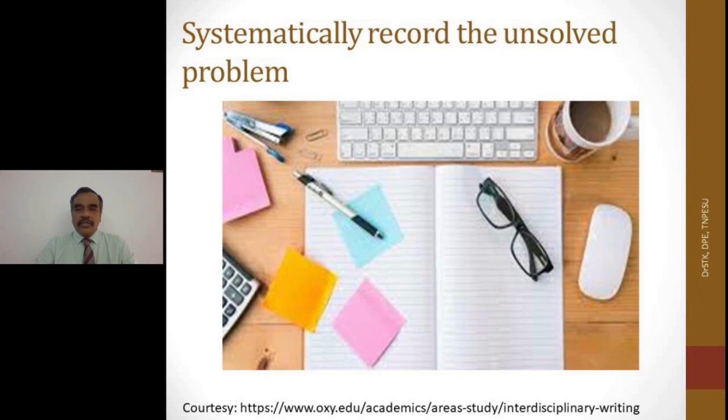Systematically record the unsolved problems. By attending seminars, conferences and reading the literature in your area of interest, you can find out some of the solved problems. At the same time, you can find out some of the unsolved problems. Say for example, when you are reading research dissertations and theses, in the fifth chapter there will be a heading called Recommendations for Further Research, in which the researcher may indicate some of the unsolved problems.